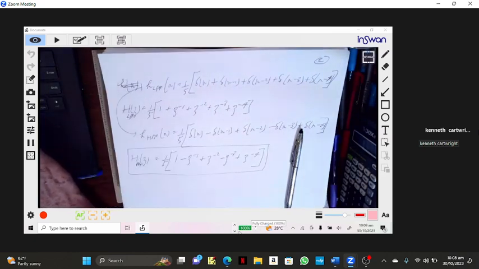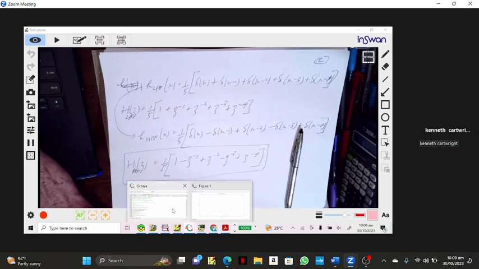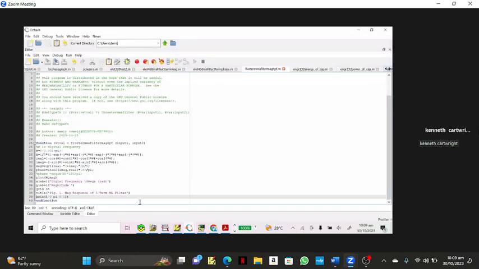So let's go back to Octave. There's Octave. We get digital frequency values, and now here's the frequency response for the 5-term moving average filter.